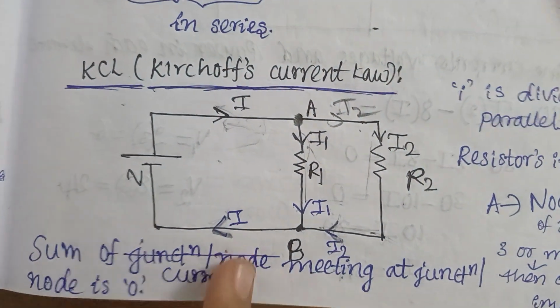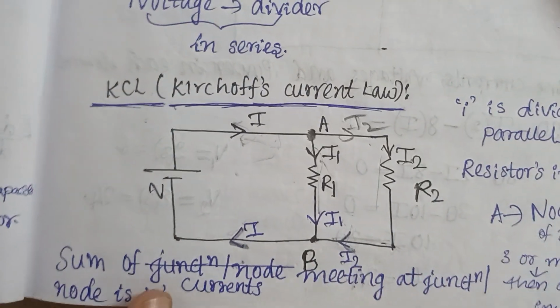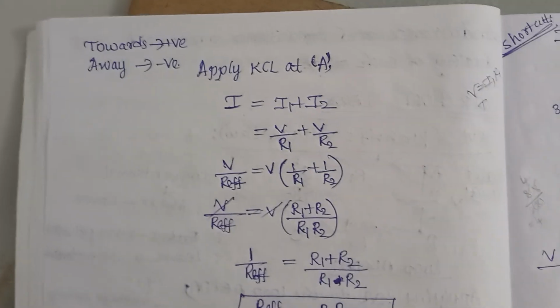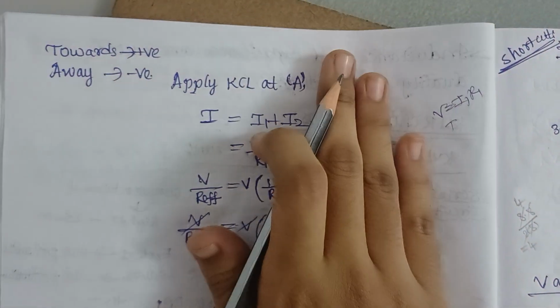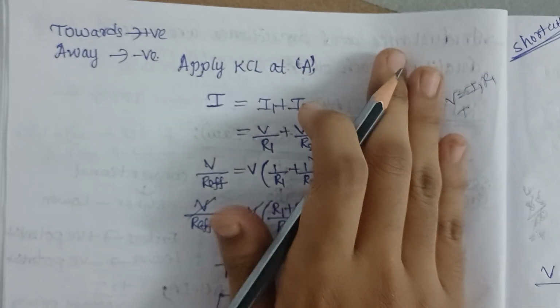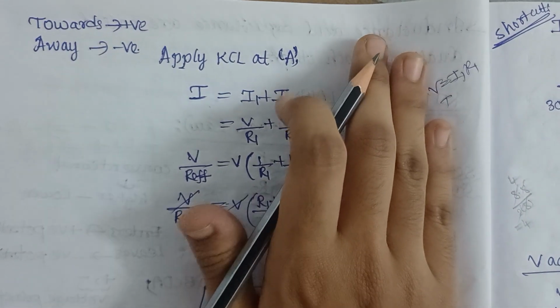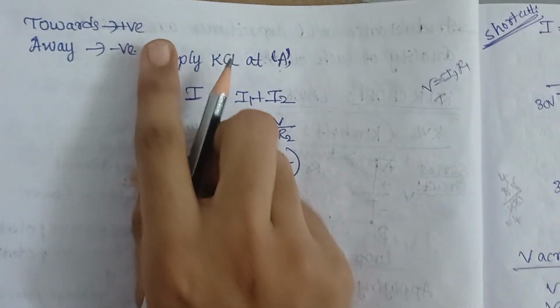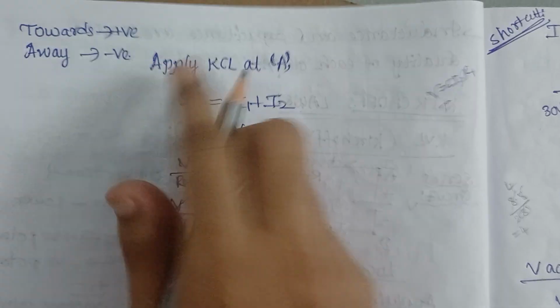So now the sum of currents meeting at a junction or node is 0. This is nothing but your KCL. The currents which are towards the junction are considered to be positive, and the currents which are away from the junction are said to be negative. Now I'll explain this sign convention in an easy way.